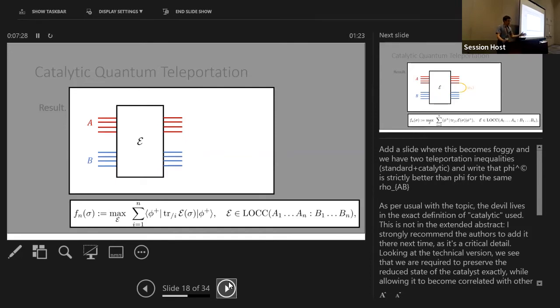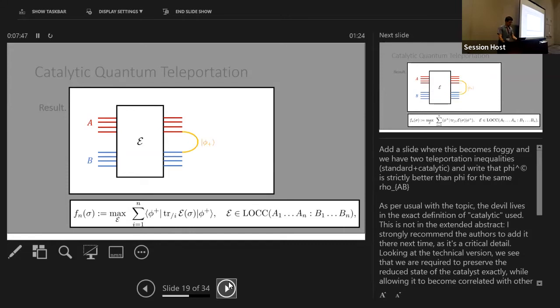And imagine that Alice and Bob, instead of having just a single copy of the state that they share, have n copies of that state. So we multiply their state, and we allow them to apply some big LOCC operation on all of those copies.